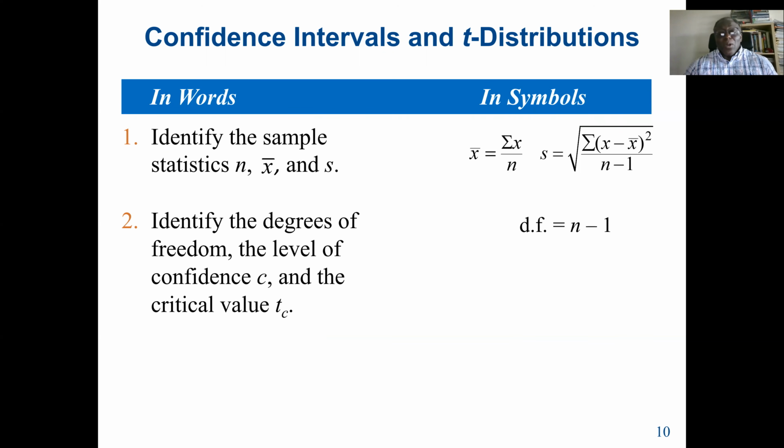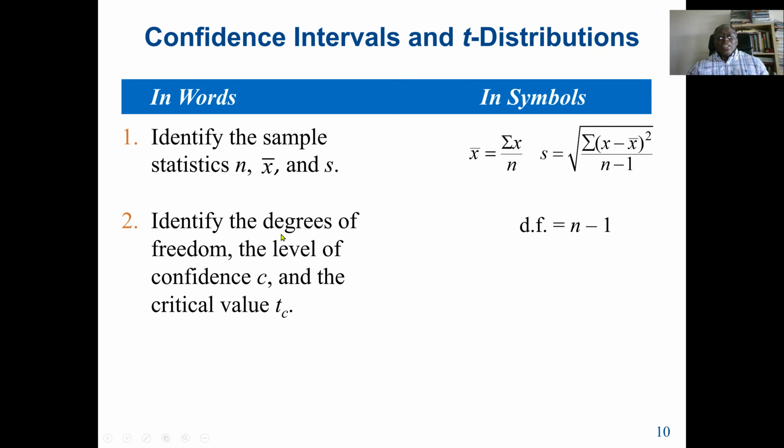The formula for x bar is the sum of all the x divided by n. And we also find the standard deviation: the sum of the differences of x and x bar, all squared, then we divide by n minus 1. So now we know the mean. Identify the sample statistics x bar and s.